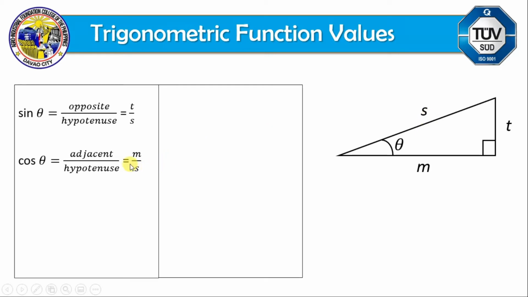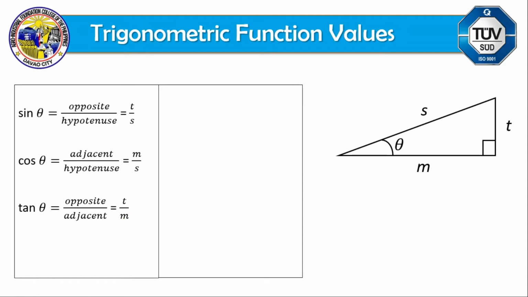So, that is why it resulted to the side m divided by side s. Now, for tangent theta, okay, it is equal to the opposite side with respect to angle theta divided by the adjacent side. Again, with respect to angle theta. So it is opposite side t divided by adjacent side m. Okay? Kaya it is t divided by m.